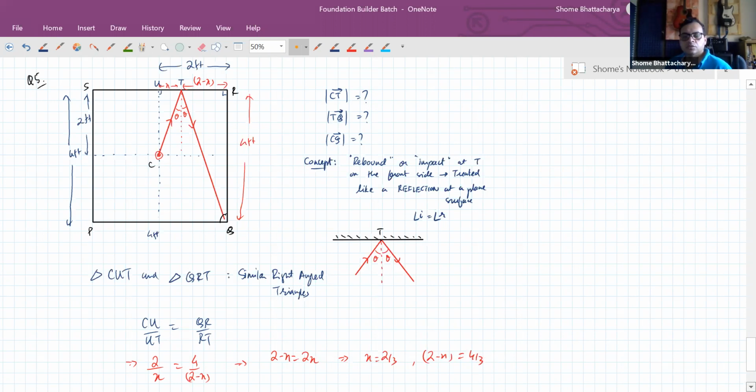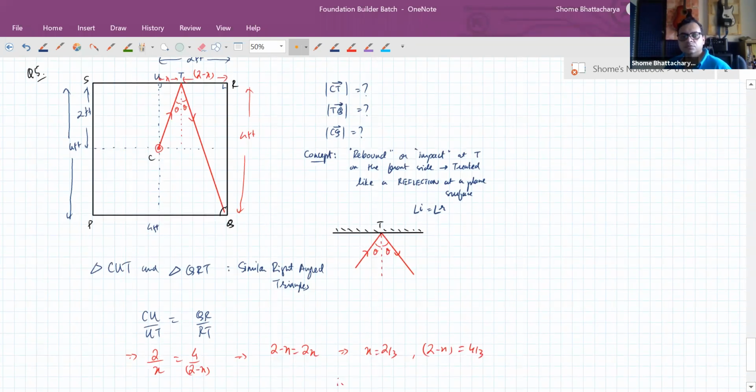Okay, so therefore now we can use Pythagoras theorem that CT will be square root of CU squared plus UT squared.